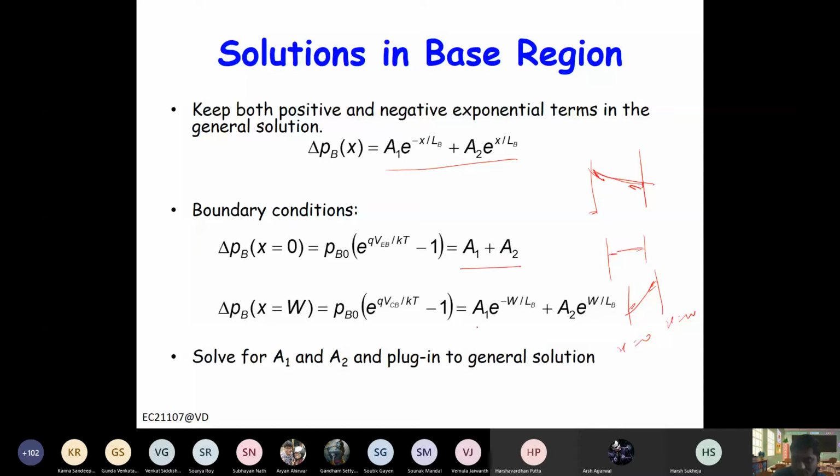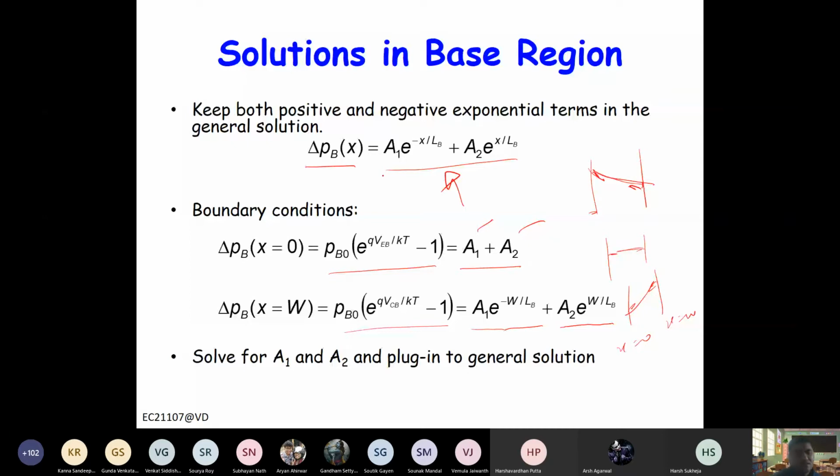At W, it will be A1 e to the power minus W by L plus A2 e to the power W by LB. So with these two equations, we can solve for A1 and A2. Is it okay? Then when we substitute the values of A1 and A2 in this equation, we will get the profile for excess holes in the base.